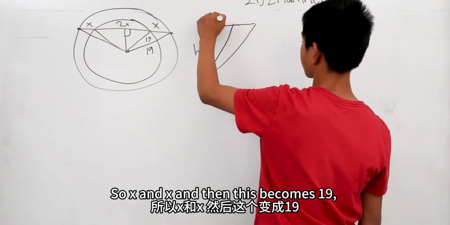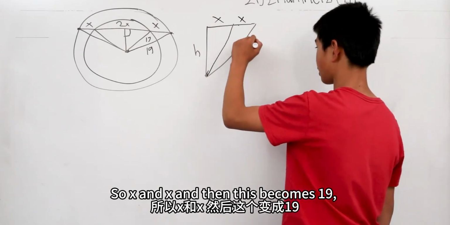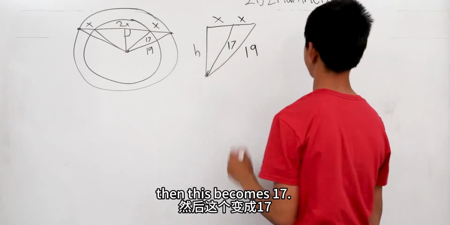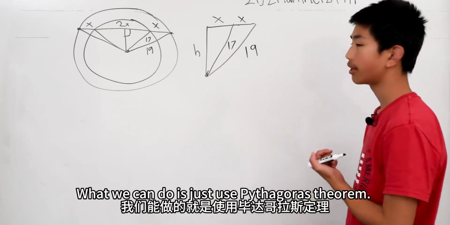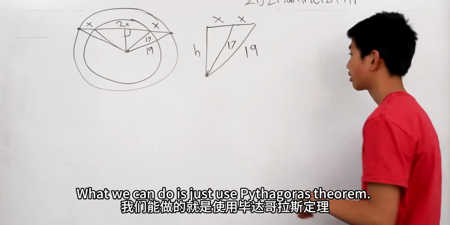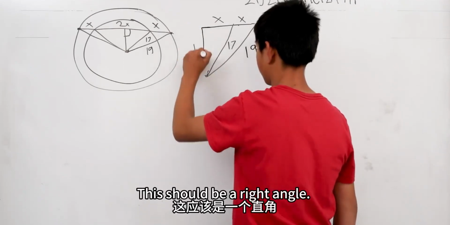So x, and then this becomes 19, and then this becomes 17. So, well, now what we can do is just use the Pythagorean theorem. This should be a right angle.